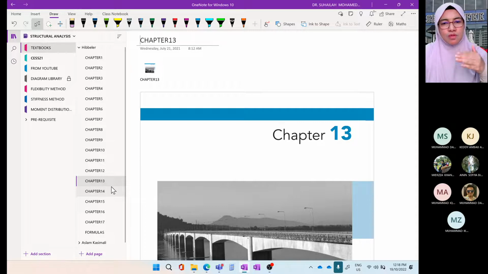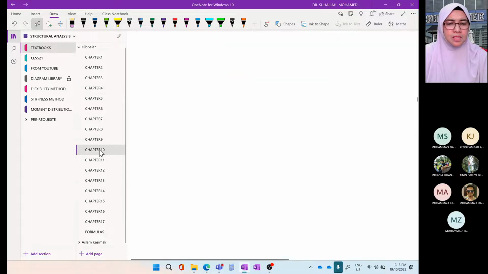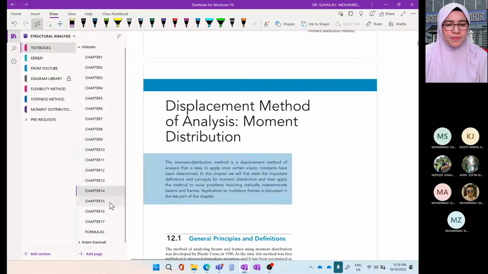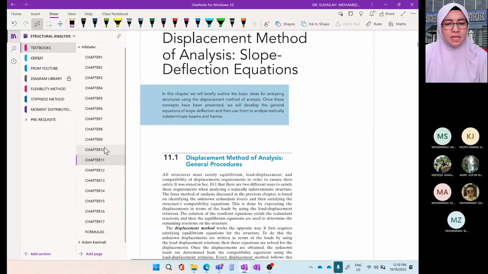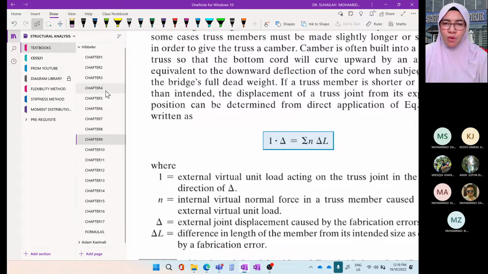Fahamkan term dulu, lepas tu proses dia macam mana, and then dia punya solution tu tambah, lepas tu multiply. So simple calculation, tapi the new term yang you have to understand. Okay, yang tu chapter number 2. So itu je yang important chapter yang you can refer. Okay, chapter kita ada kat chapter 10, chapter 12 and chapter 14, 15, 16. And if you need to refer to the previous, you boleh refer also chapter 11, chapter 9 and chapter 4.